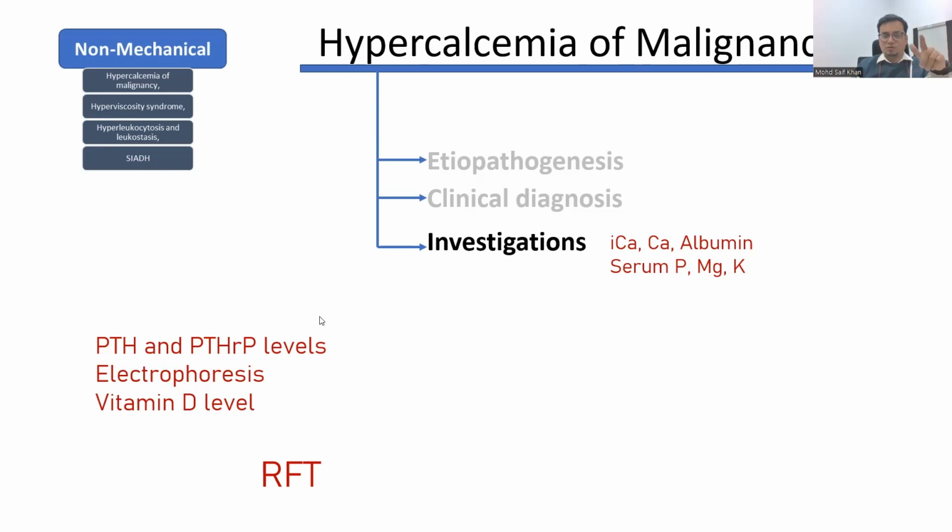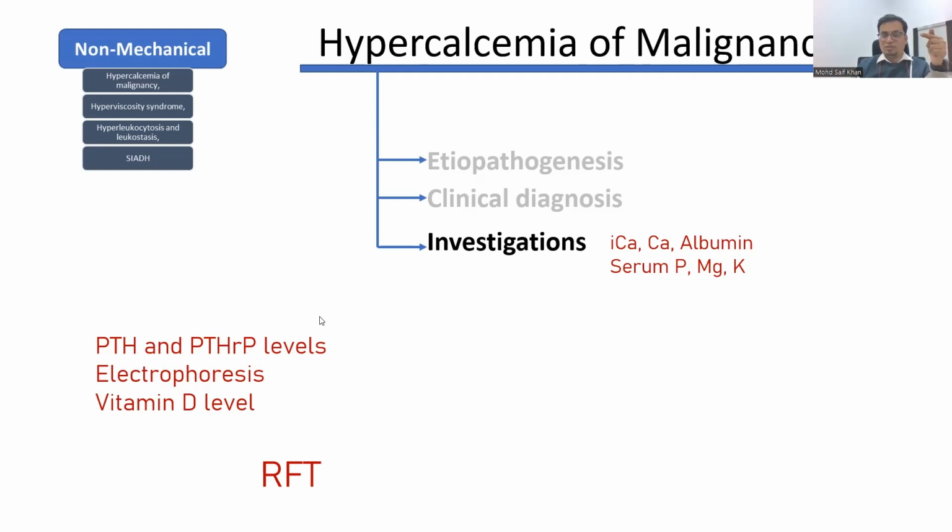To find out the cause, you need to perform parathormone and parathormone related protein levels, and also vitamin D. Hypervitaminosis of vitamin D can also lead to hypercalcemia, so you need to perform vitamin D level and calcitriol also.